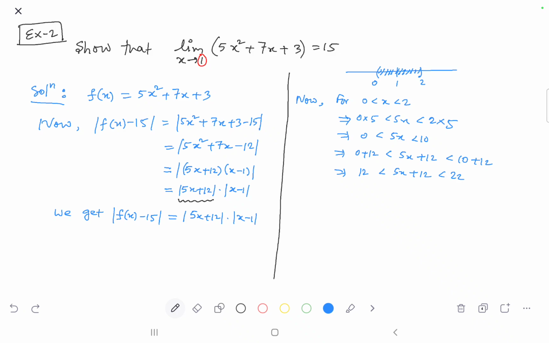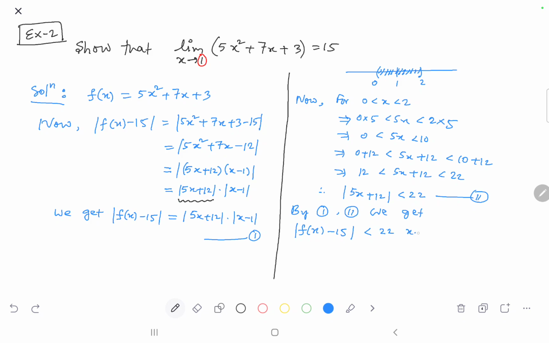Fine, Mayan. Yeah. Okay. So the absolute value of 5x plus 12 is less than 22. So for x between 1 and 2, we get |f(x) - 15| less than 22 into |x - 1|. Clear, Mayan? Yeah.